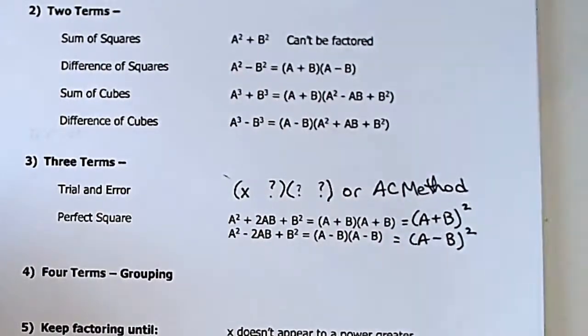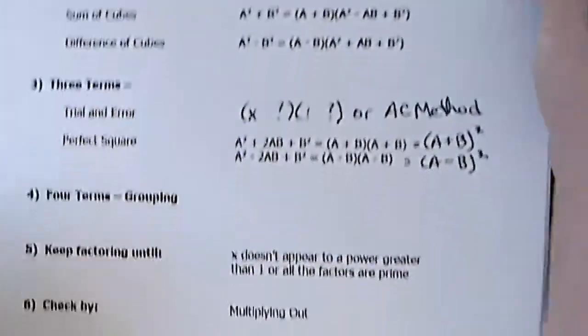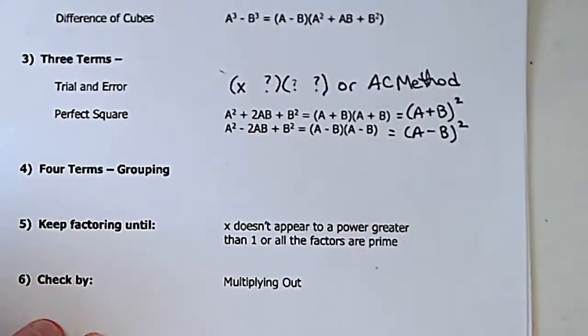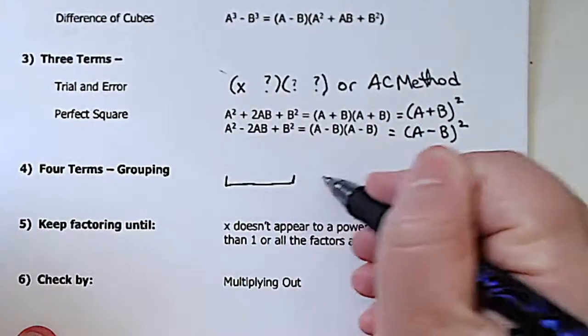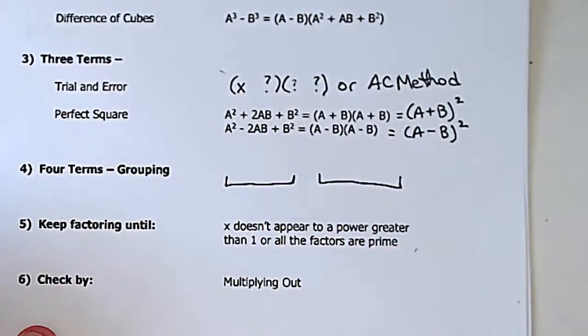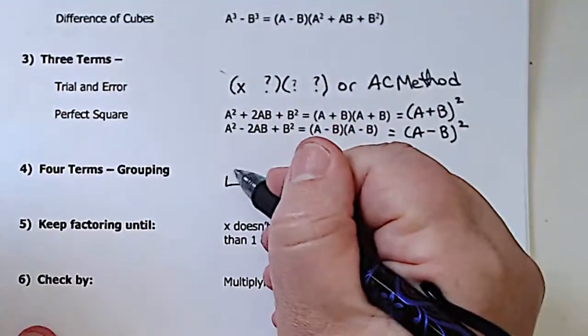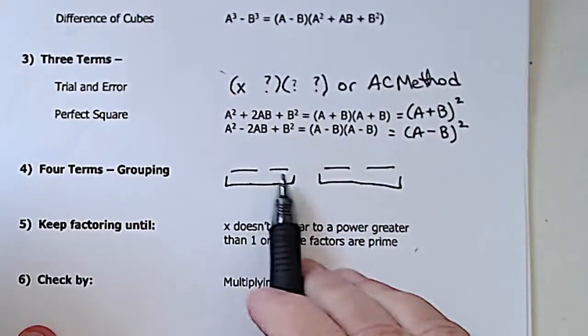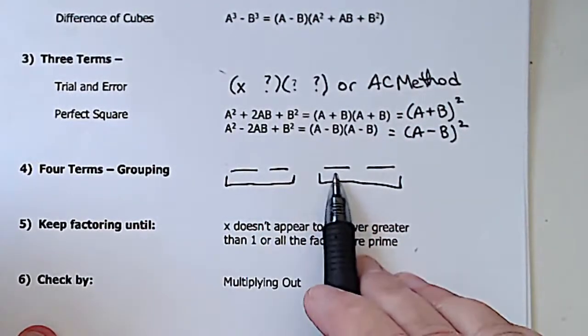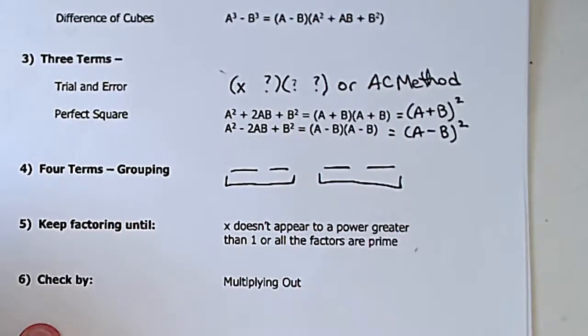If there are four terms, then you're looking at grouping. So there are four terms, you look for something common to the first two and you look for something common to the second two. That's going to be grouping.